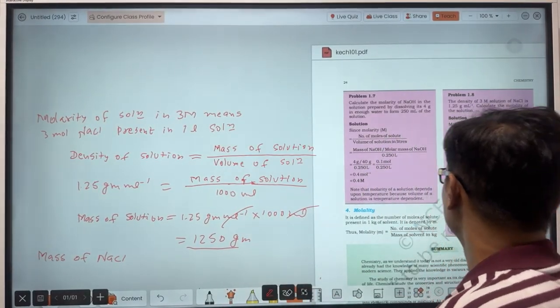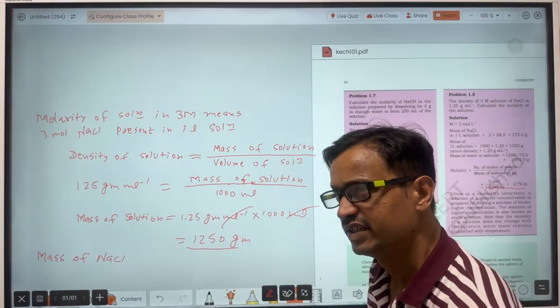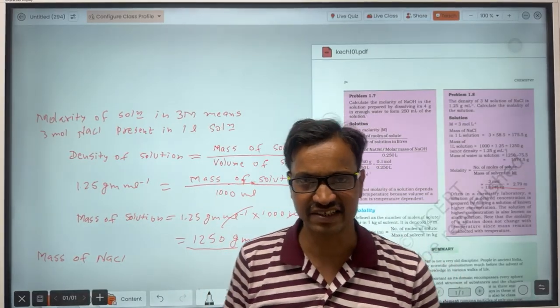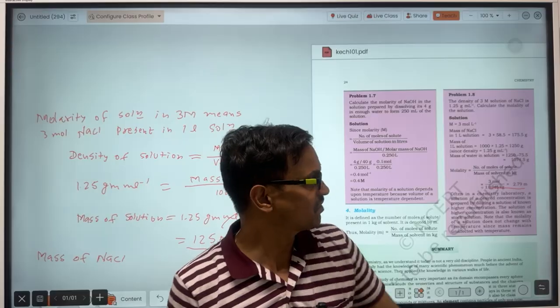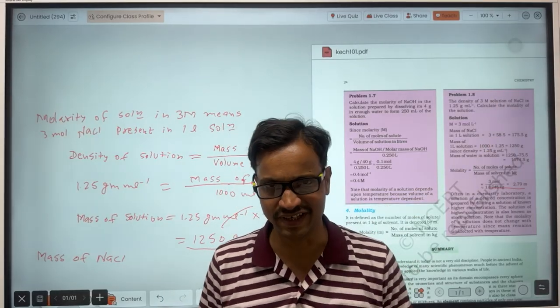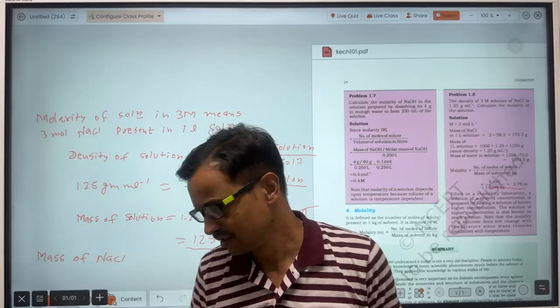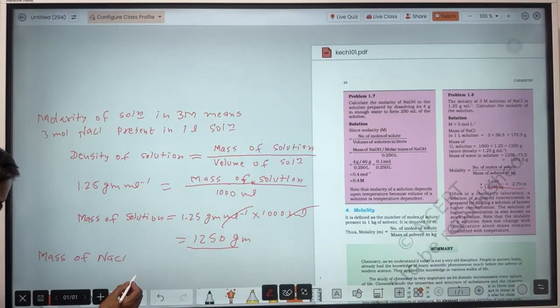So if I calculate the mass of NaCl and subtract that quantity from the mass of the whole solution, then I shall get the mass of water, because mass of solute plus mass of solvent equals the total mass of the solution. So the mass of NaCl will be equal to 3 into its molecular weight.